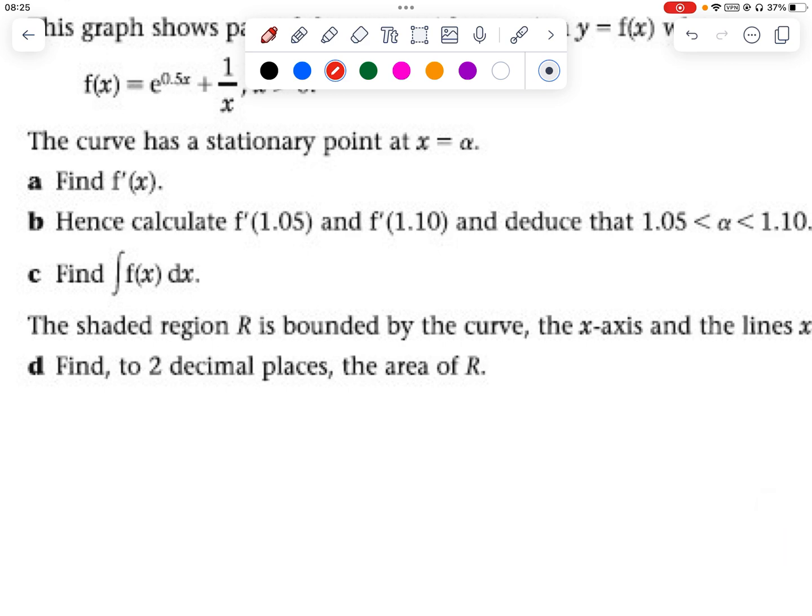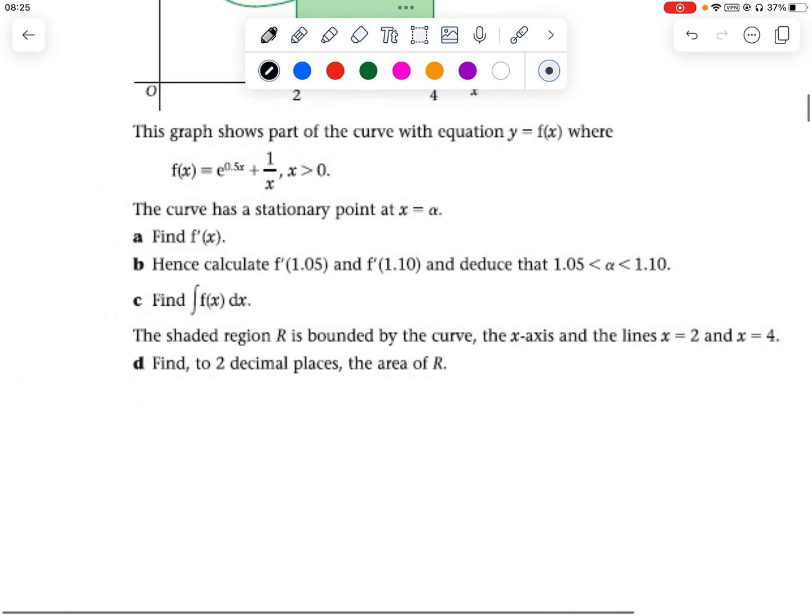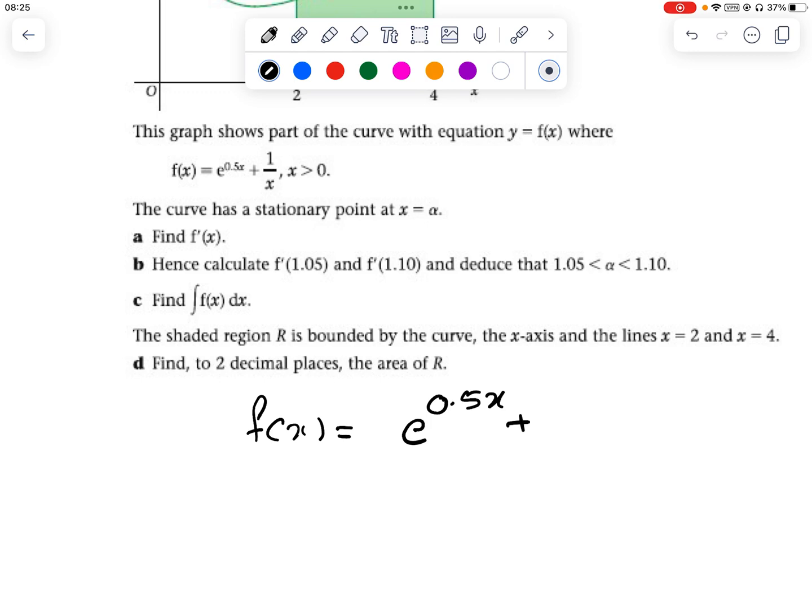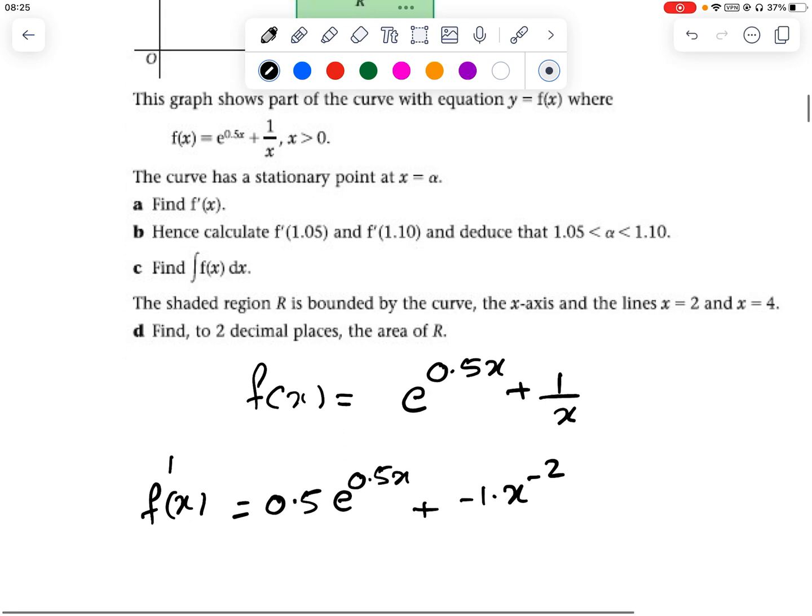So first, f prime x. What is given? f of x is given as e to the power of 0.5x plus 1 upon x. So f prime x, not f inverse of x, is 0.5 e to the power of 0.5x, and the derivative of 1 upon x is minus 1 times x to the power -2.